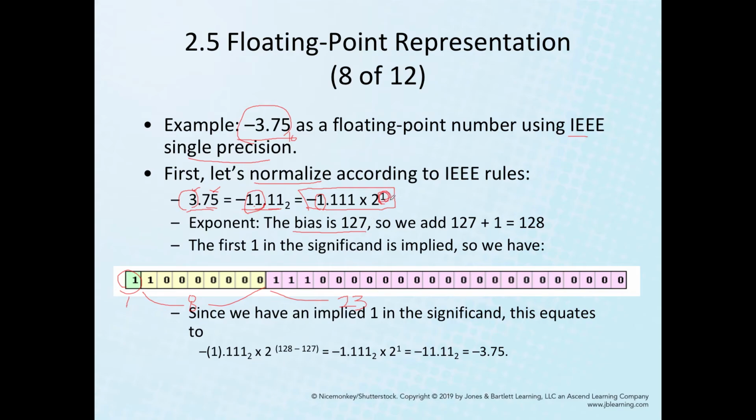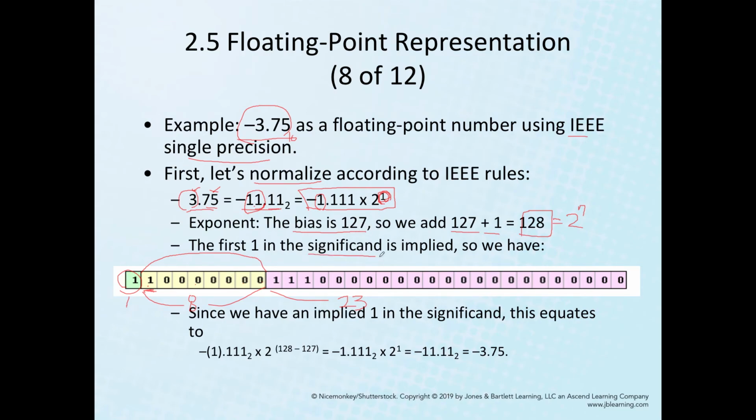So the exponent 1 plus the excess bias should be added, so 128 should be in this part. 128 in binary is 10000000. 128 is 2 to the 7th power, so 0, 1, 2, 3, 4, 5, 6, 7, the seventh bit is a 1. So that's the exponent part, excess 127.